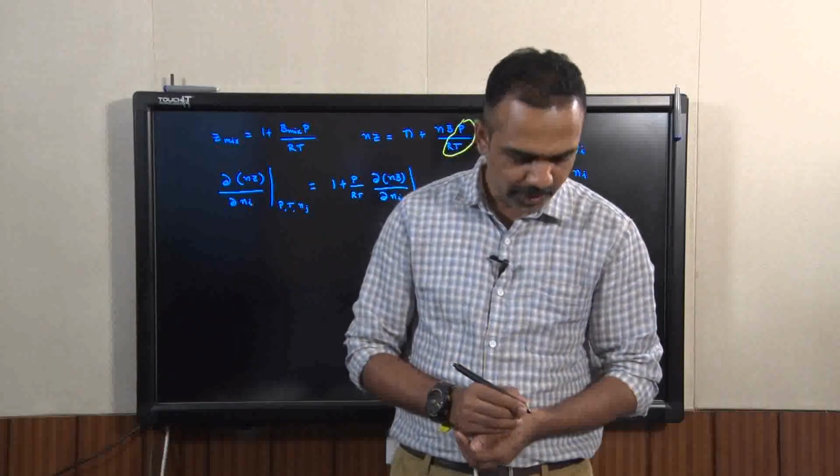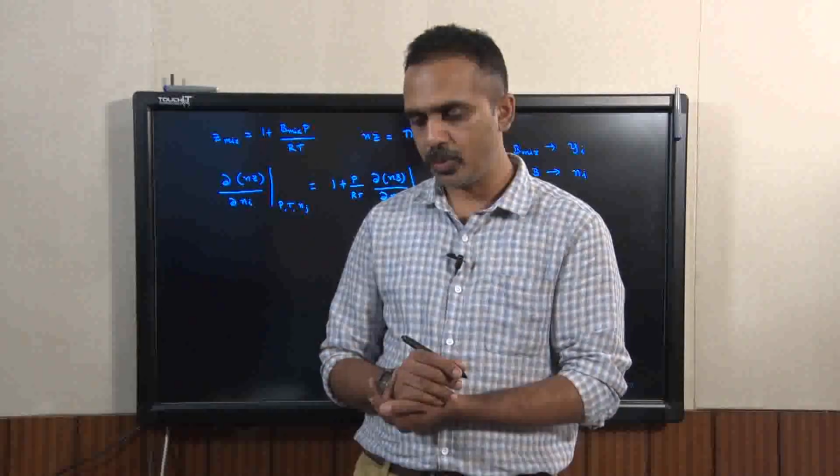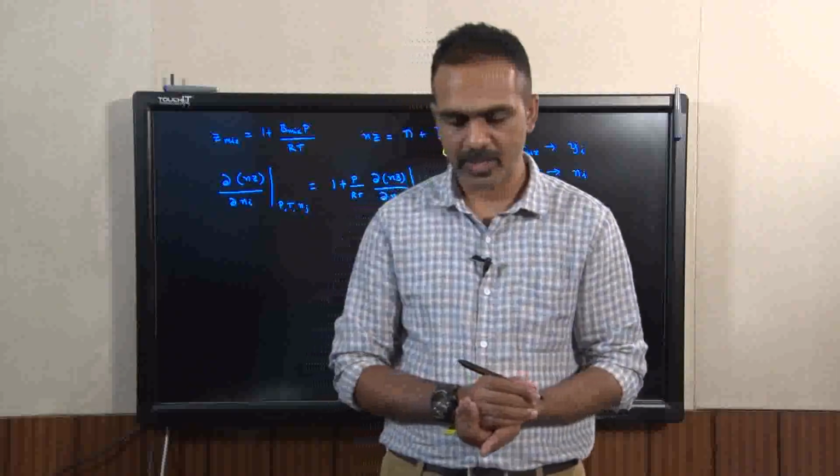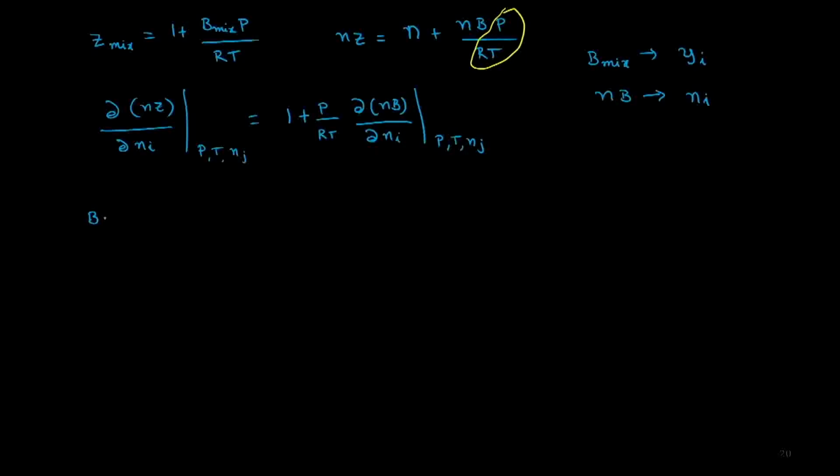So what we'll do is consider a binary mixture to demonstrate how we do this, and then we can generalize the result we obtain. For a binary mixture, we said B is y1 squared B11 plus 2 y1 y2 B12 plus y2 squared B22. N times B is going to be N1 squared over N times B11 plus 2 N1 N2.